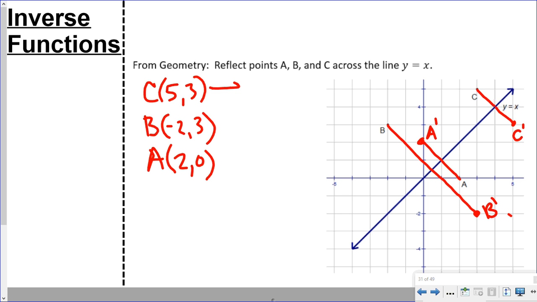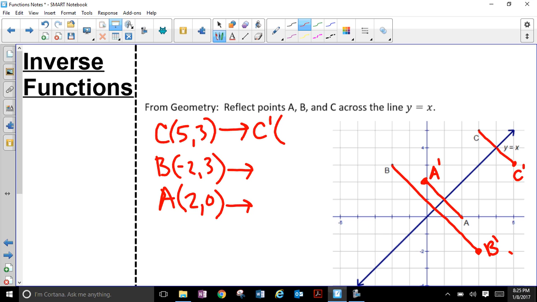Okay, so now let's see what happened to each of these, where the coordinates ended up. So C prime is now at 5. Oops, I did C prime there, didn't I? Let's go back and change that. So C is at 1, 2, 3, 1, 2, 3, 4, 5. C was at 3, 5, and C prime was at 5, 3.